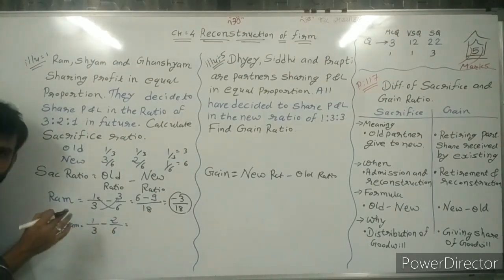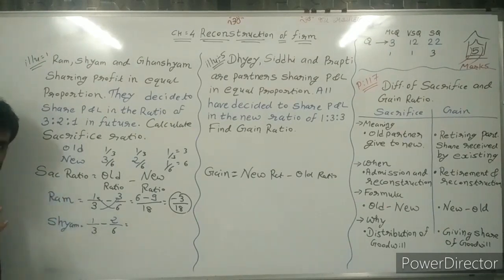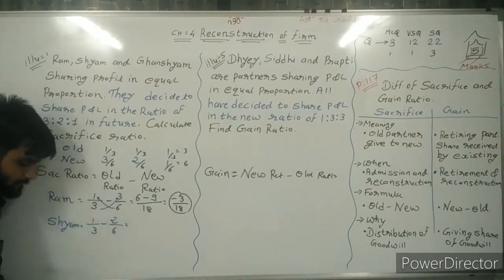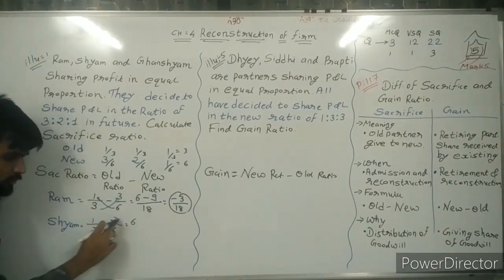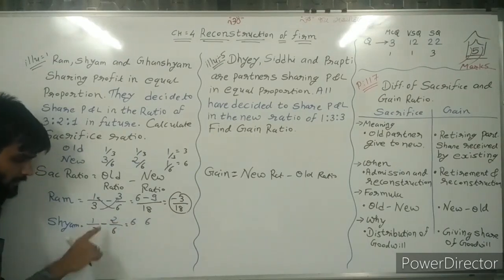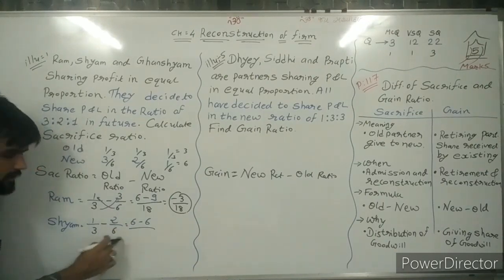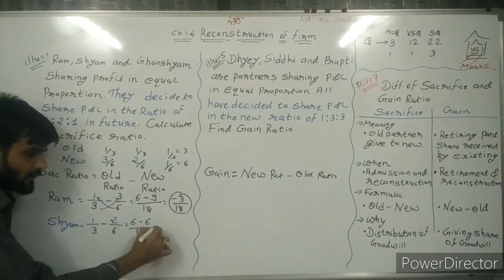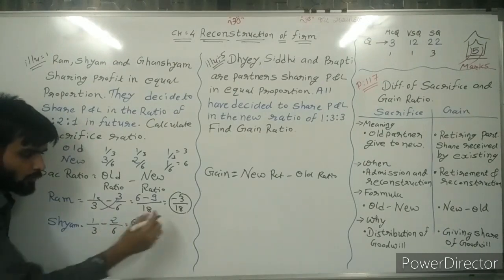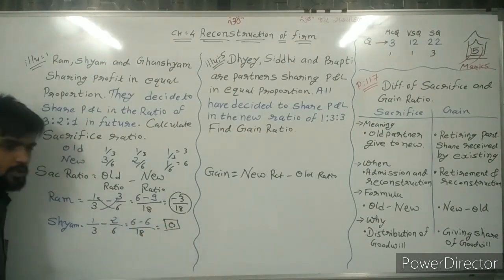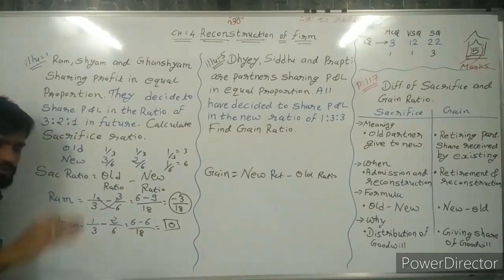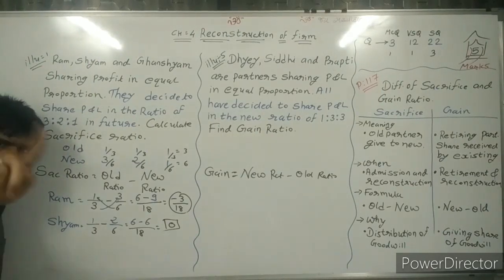Here also I can take LCM, but we are doing cross multiplication. 6 ones are 6. 3 twos are 6. Middle sign minus. Divide by multiplication of both. 6 threes are 18. Now 6 minus 6 is 0. 0 upon 18, answer 0. So Shyam is not sacrificing, not gaining. He is neutral. Simple.